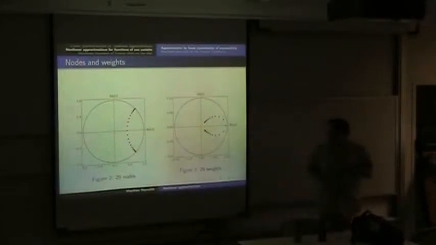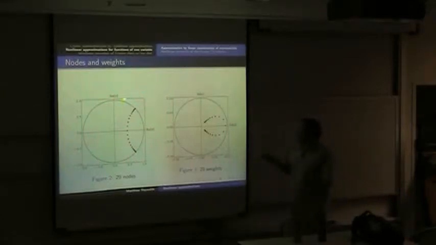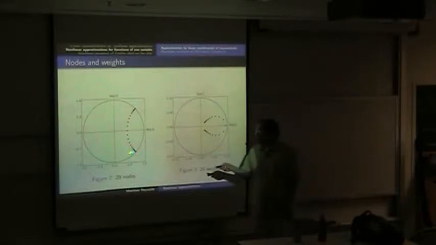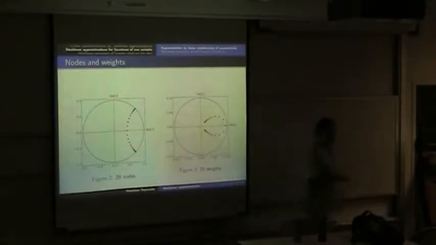Okay, so these are the nodes that we get, and in this approximation, I chose to use 29 of them, and then 29 weights also. And this circle is the unit circle. So what we see is all these are inside the unit circle, and they're approaching points that are close to 2 points on the unit circle, which makes sense if you think about it.